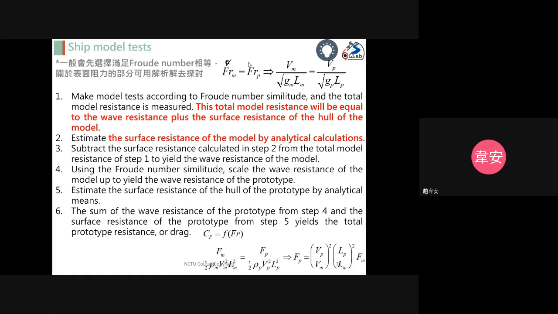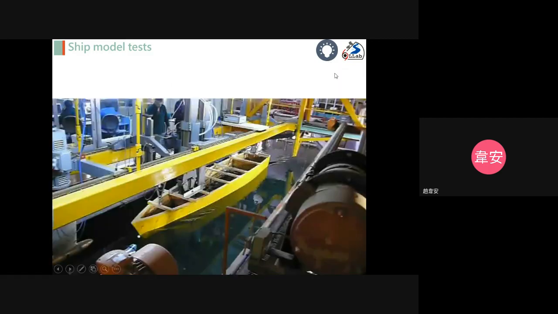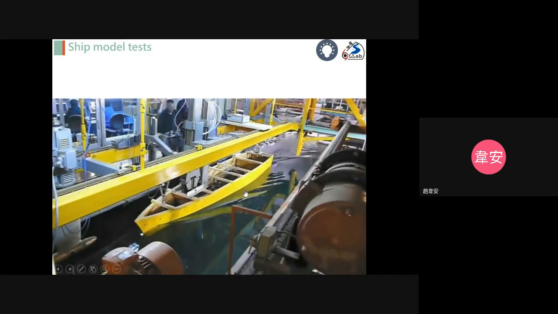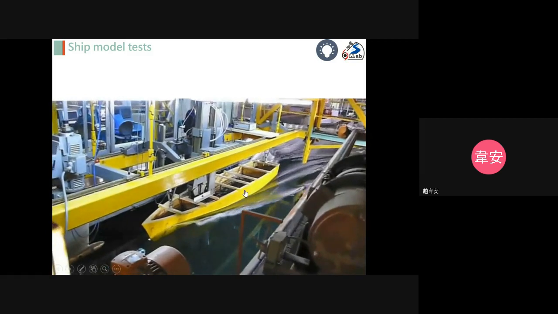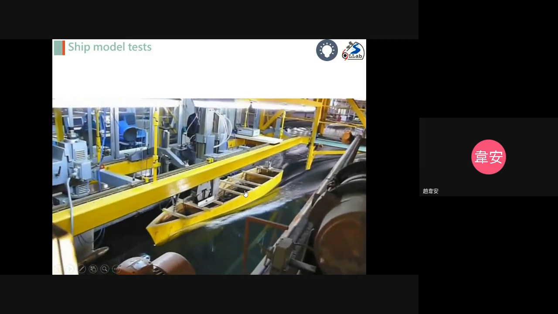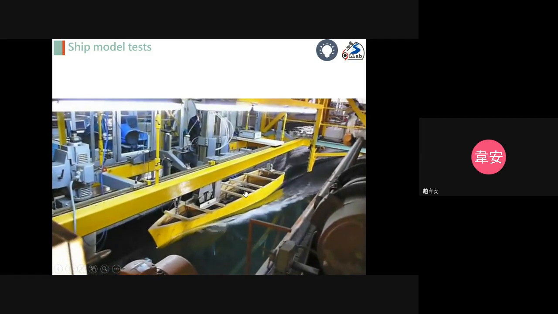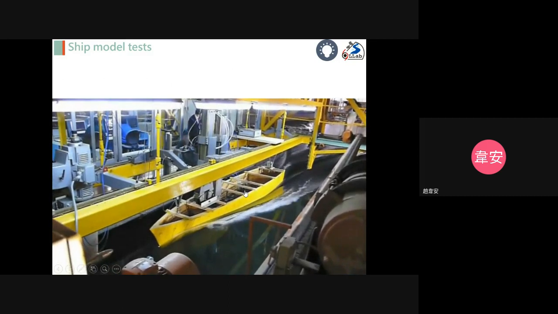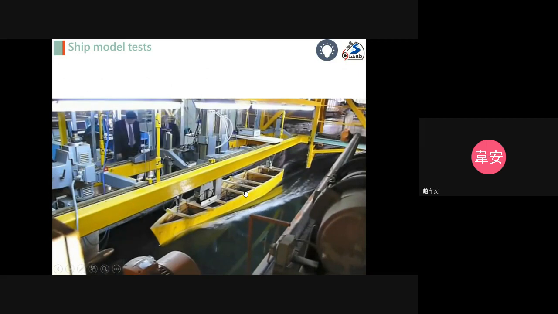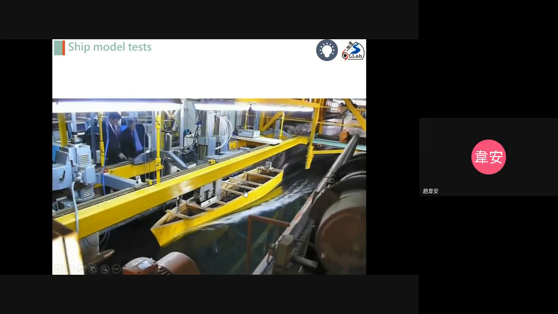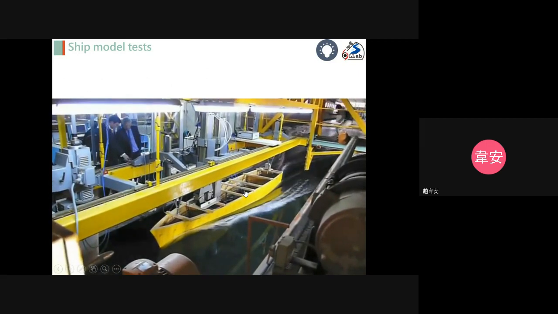Okay, so this is the final slide. I just show the movie for the ship testing. As you see, they keep the ship on the water and observe the resistance behavior around the surface of the ship.